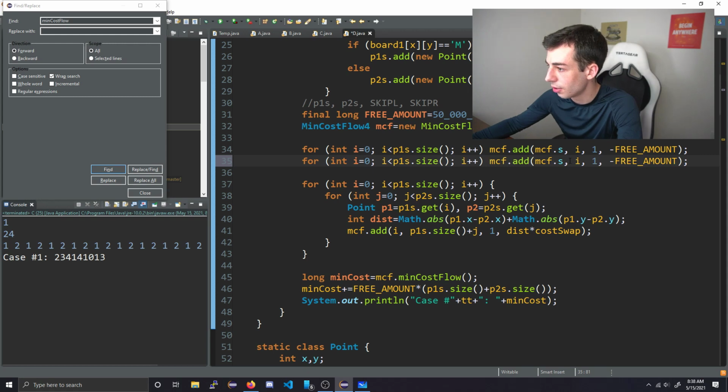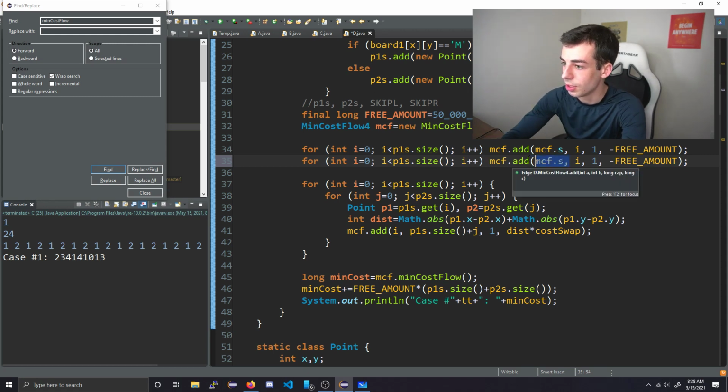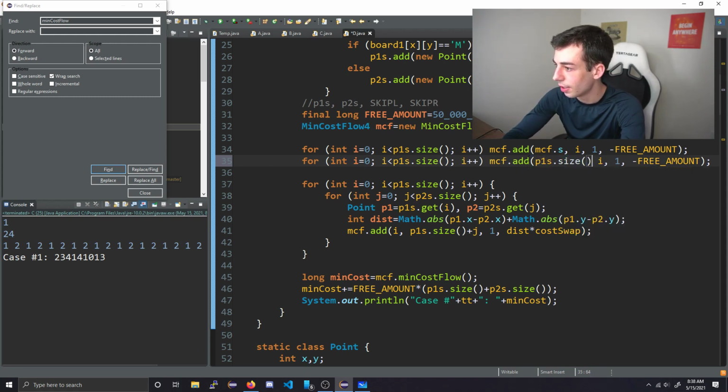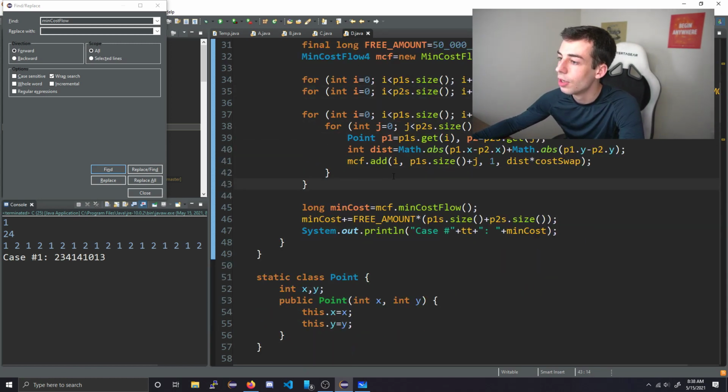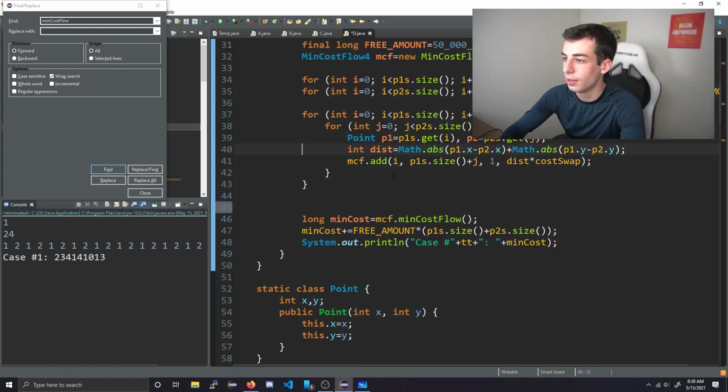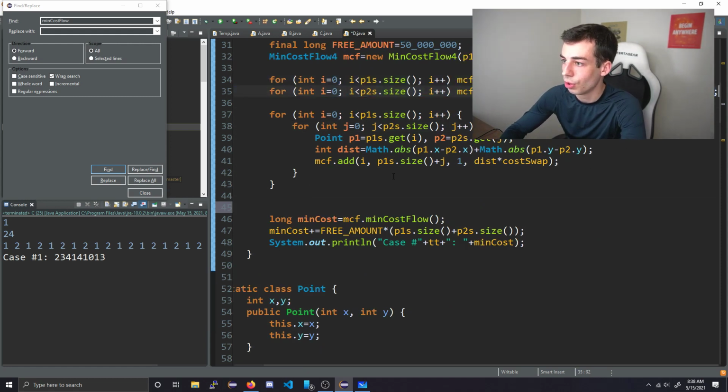Then we need the sink. So we need p1's dot size plus 1 or plus I, p2's dot size to mcf dot t, 1, -3 amount. Yep, because we want it. Good. And then we need to do these both one more time.